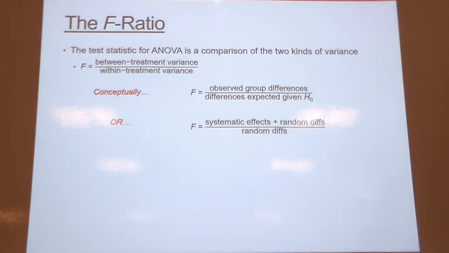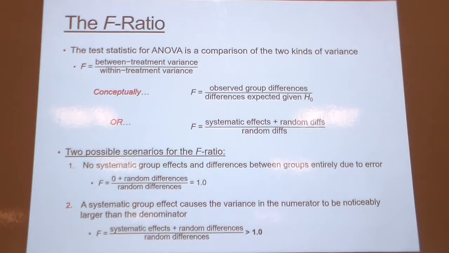But if these systematic effects are quite small, close to zero, well, if we cancel the random differences out of the numerator and the denominator, all we're left with is just sort of our no effect to begin with, right? And so thinking about these ratios, what they mean, is going to be really, really helpful when you're trying to tease apart what's going on with the different effect sizes that we're going to be calculating and trying to understand the analysis we're going to run with repeated measures designs.